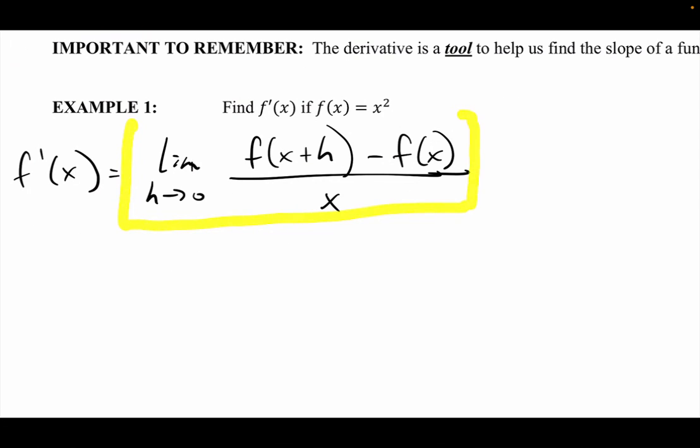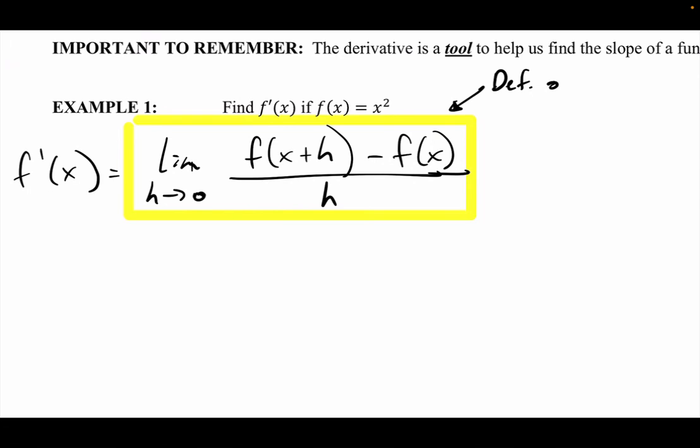Isn't the h on the bottom? Yes, sorry, let me change that. There we go. That is the definition of a derivative.